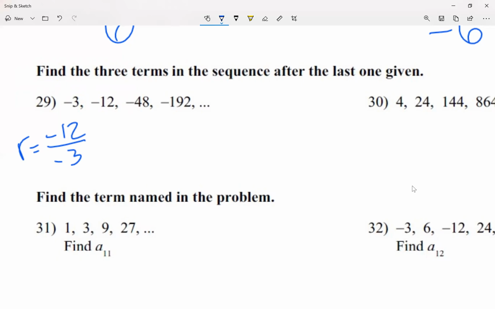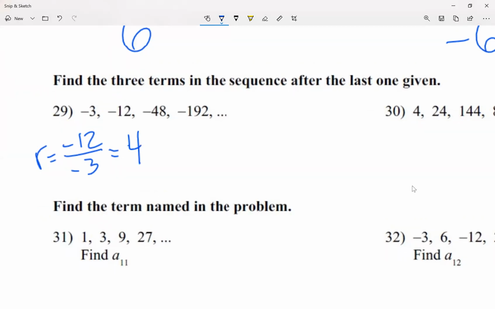Negative divided by negative is positive. 12 divided by 3 is 4. Nice. My common ratio is 4. That means that once I know a number, in order to get the next number, I have to multiply by 4. We can check it. Negative 3 times 4 is negative 12. Times 4 is negative 48. Times 4, times 4.